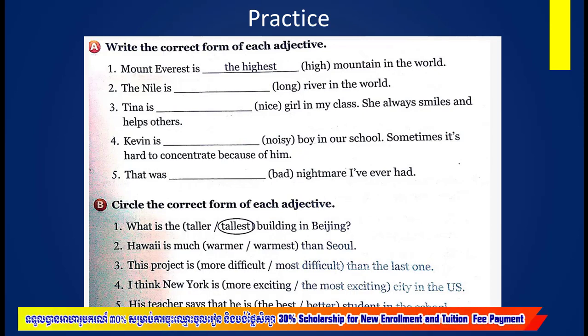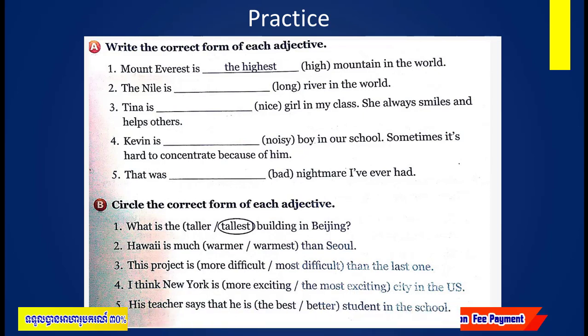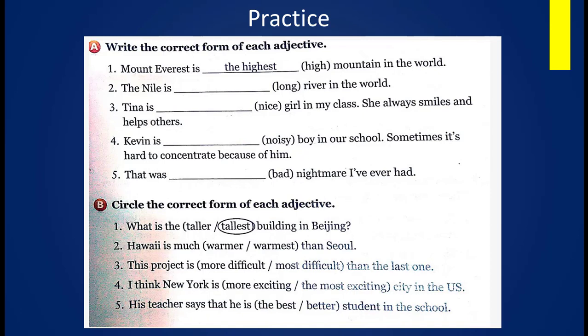When we use the superlative adjective, it means we use the highest degree, an incomparable degree. We can say Mount Everest is the highest based on reports. And in Cambodia we also have the highest mountain, Aural mountain, the highest one in Cambodia.